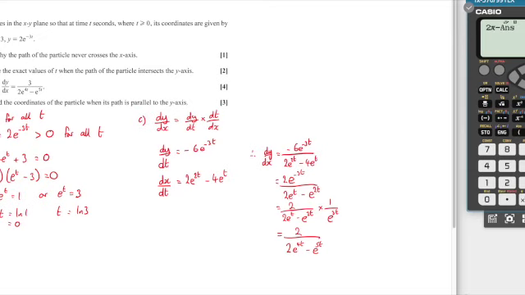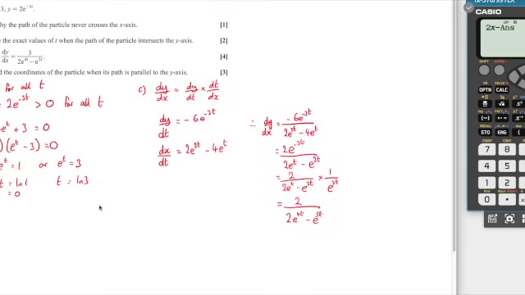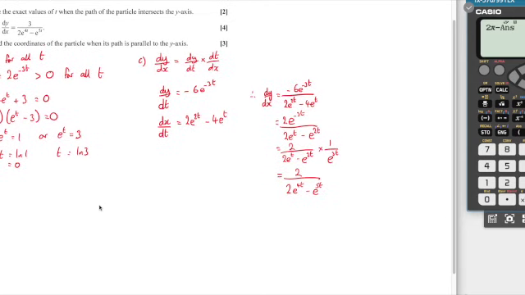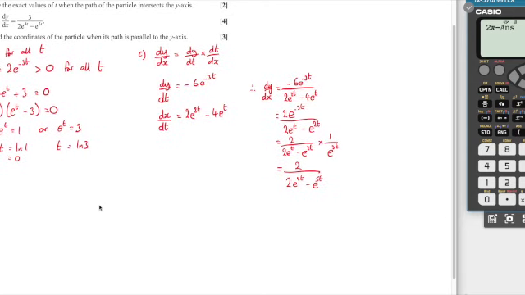Hence, find the coordinates of the particle when its path is parallel to the y-axis. So if it is parallel to the y-axis, I have a set of axes there. If it's parallel to the y-axis, that means my gradient is going to look something like that. It's going to be a vertical line. So if I'm going to have a vertical line, that means I have an infinite gradient.